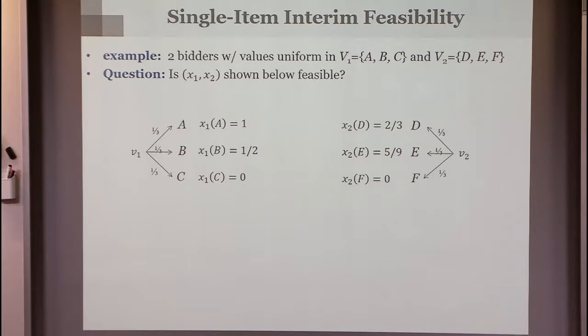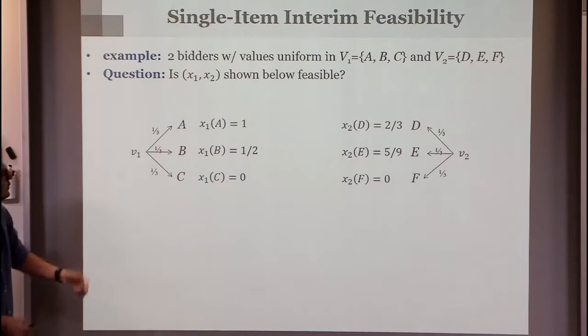So what do you say? Is it feasible or not? It's not obvious whether it's feasible or not, but we can work our way through and see if it is.